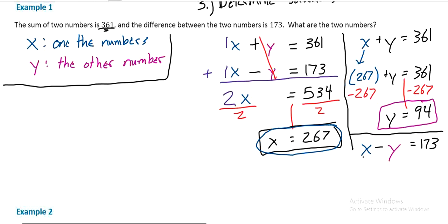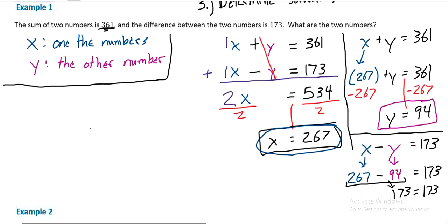In this one, x was 267, so 267 minus y, which is 94. If you go ahead and do that, 267 minus 94, you get 173, which means it was a true statement, so all is well in the world of 8th grade math.